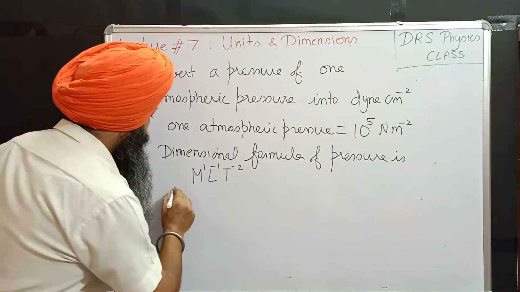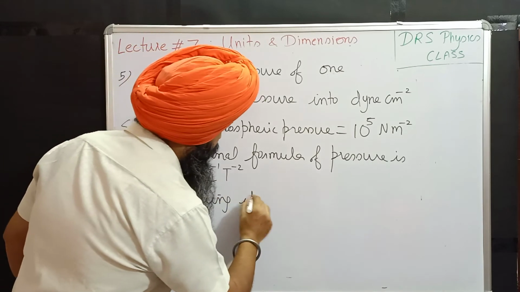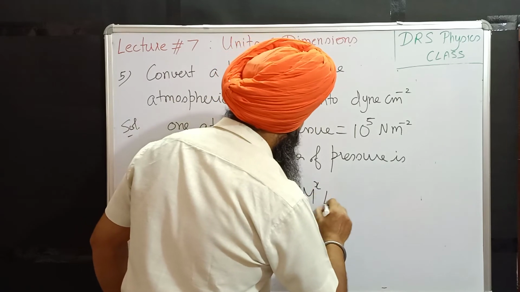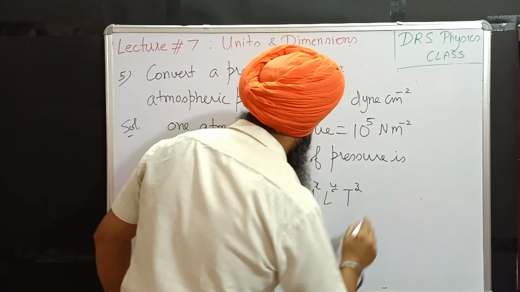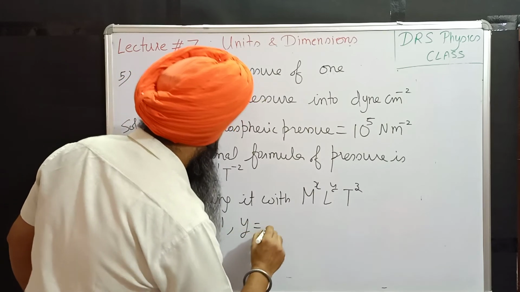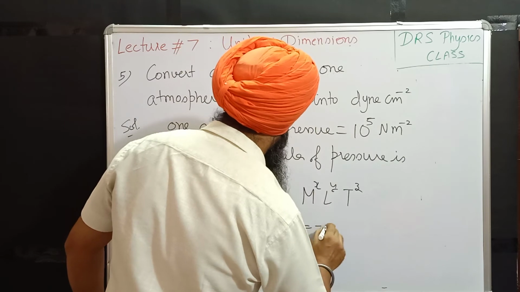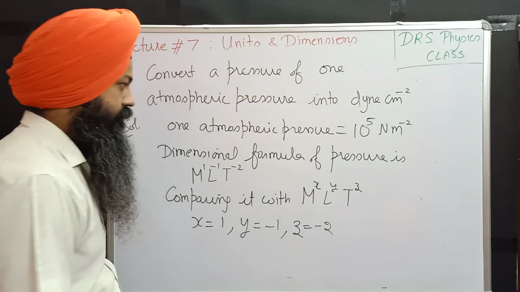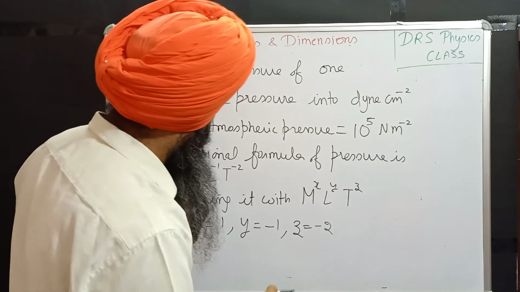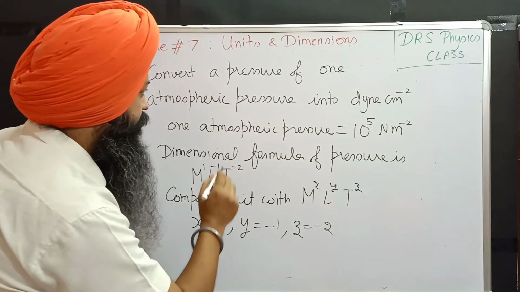Now comparing it with M^x L^y T^z, we get x is equal to 1, y is equal to -1, z is equal to -2. What is the value of n1 here?